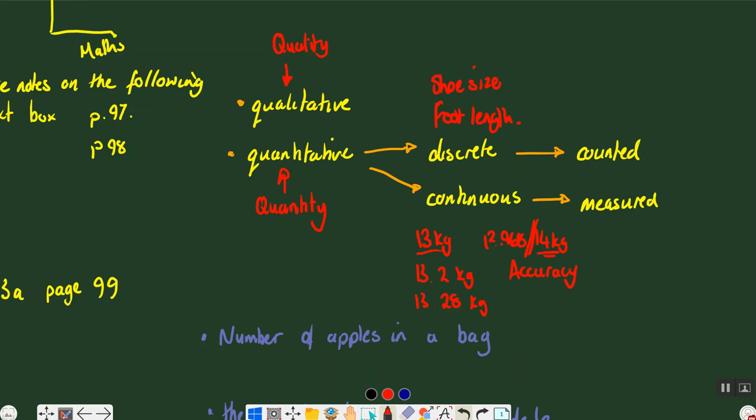So if I were to measure your foot, I'd measure it in centimeters, yeah? And it could be 23.21743, as accurate as I could possibly get, limited only by my tools. So foot length would be continuous data, but shoe size would be discrete because you are a 6 or a 6.5.